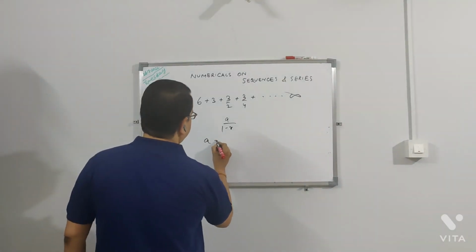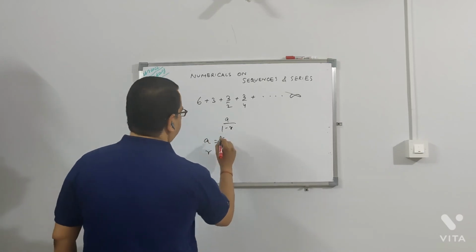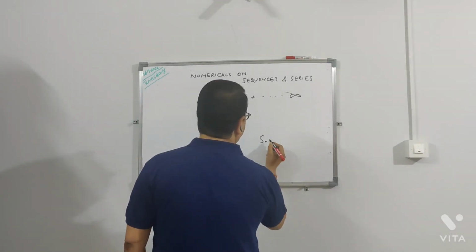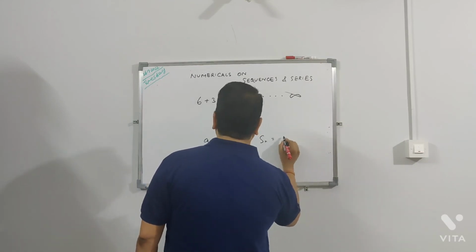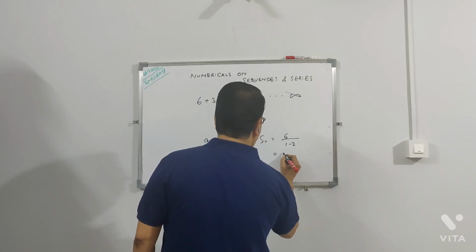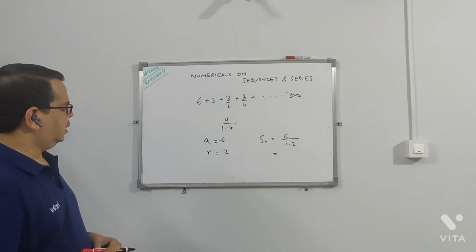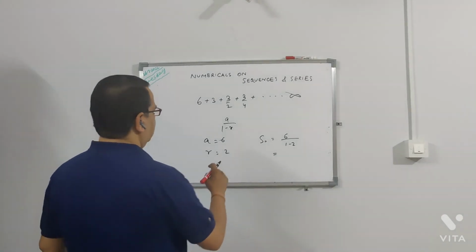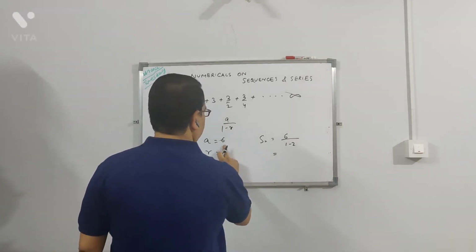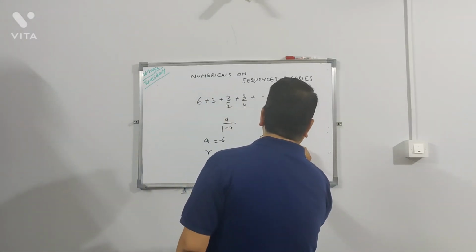So your a is 6, and r is, sorry, r is 1 by 2, half. So your total sum for the infinite series is equal to 6 divided by 1 minus half.